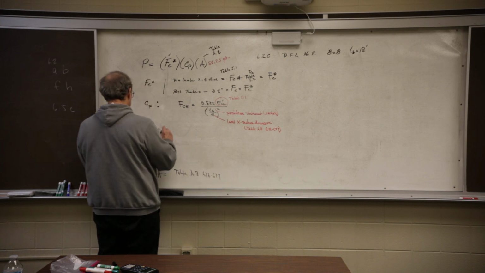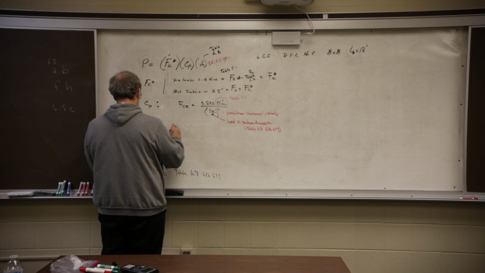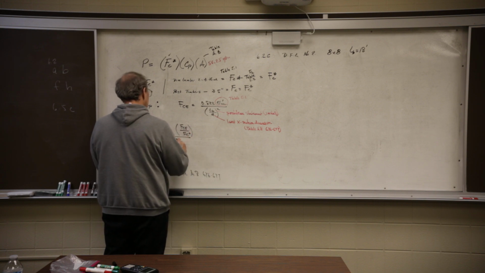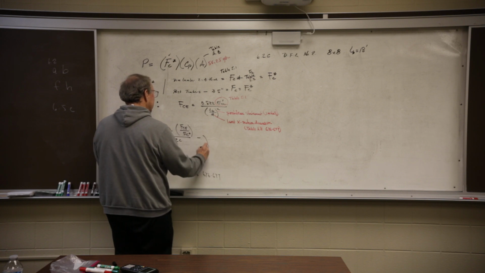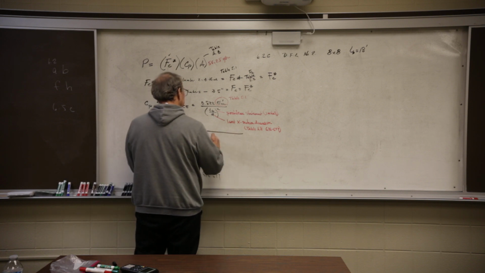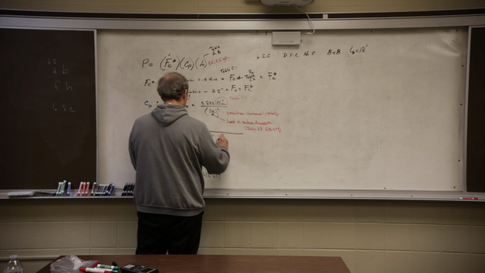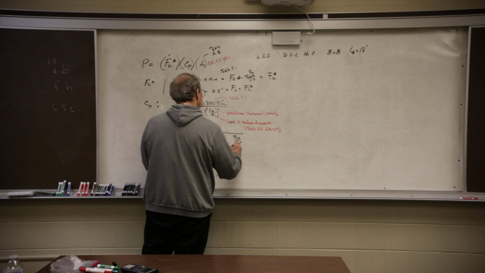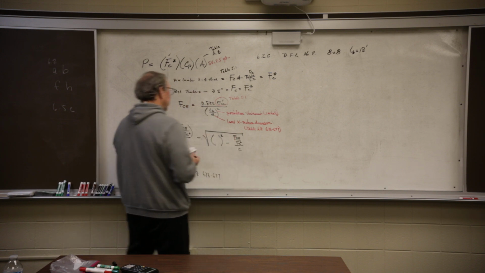Here's the equation. 1 plus FCE over FC star divided by 2C minus... there's the equation.